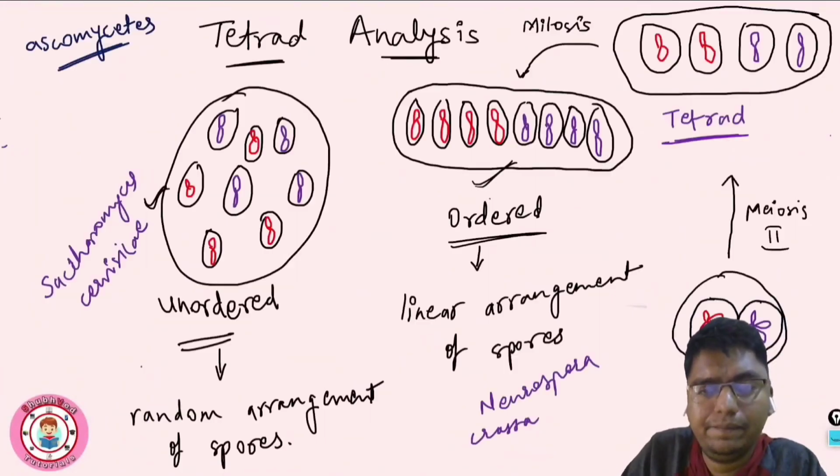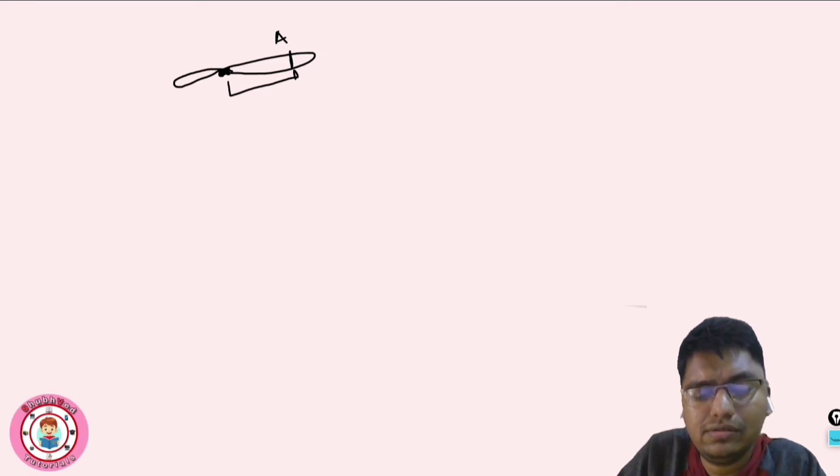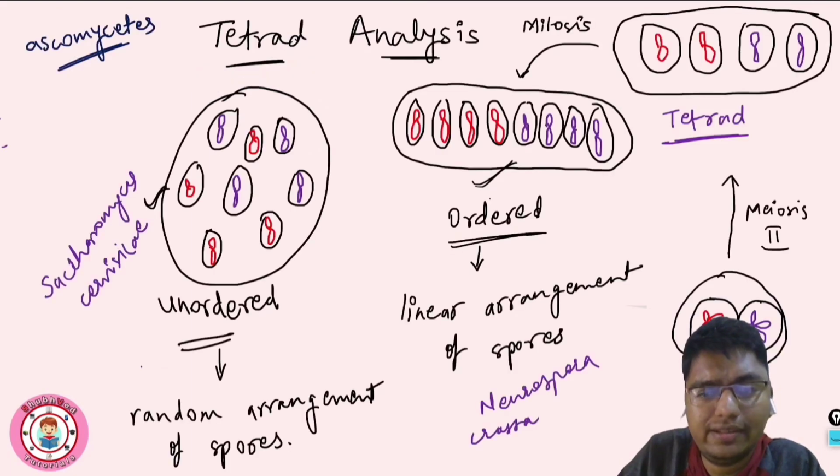Basically, this is a chromosome, as we all know, and this is the centromere. Suppose here is a gene A. This distance we can find using tetrad analysis. So this is used for mapping, and mostly Neurospora crassa is used because there is a linear arrangement.